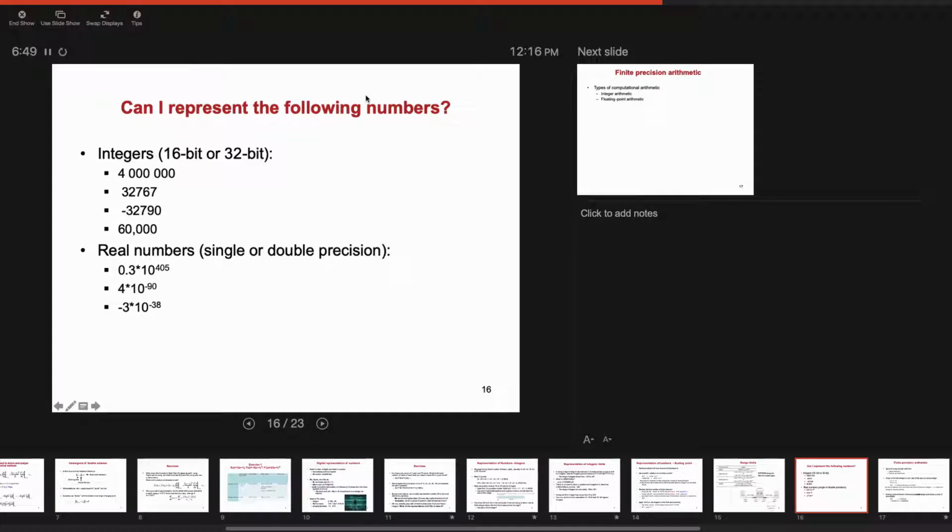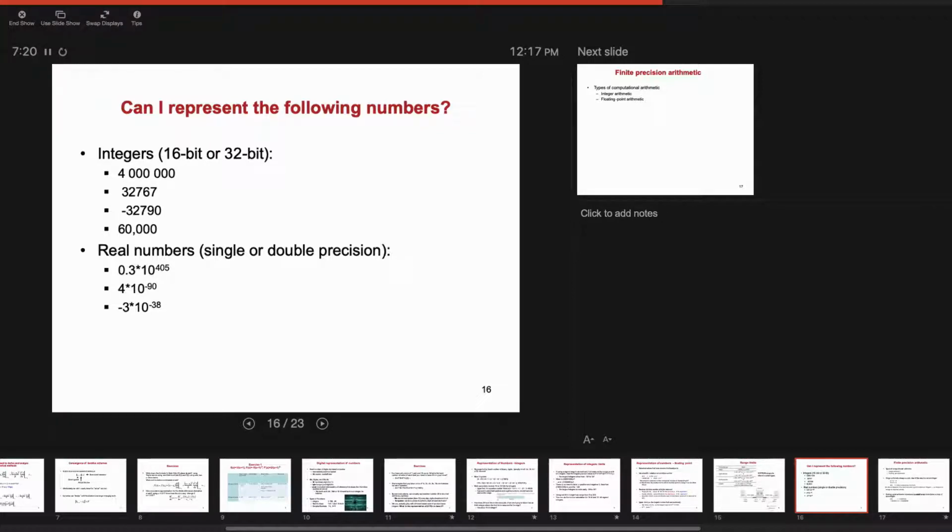So given that, can you actually store 4 million in either a 1 byte integer or 2 byte integer? Is 4 million larger than 65,535? So if I'm reserving only 2 bytes for integers, I cannot store 4 million.